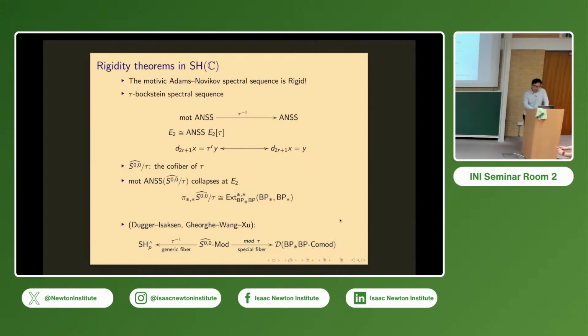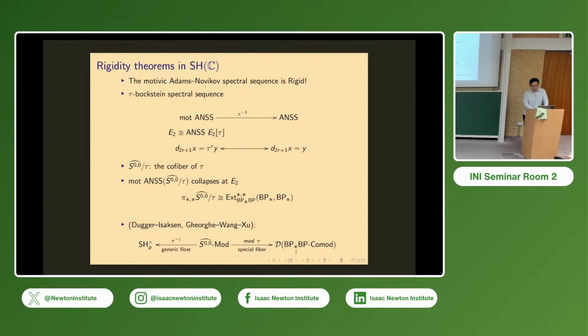So having this deformation of categories gives us very useful tools in computations because we can also have a deformation of spectral sequences, right? So we can consider Adams spectral sequences in these three categories. And the middle one is the motivic Adams spectral sequence for the motivic sphere. The left-hand side one is the classical Adams spectral sequence for the classical sphere, and inverting tau gives us a map of spectral sequences.